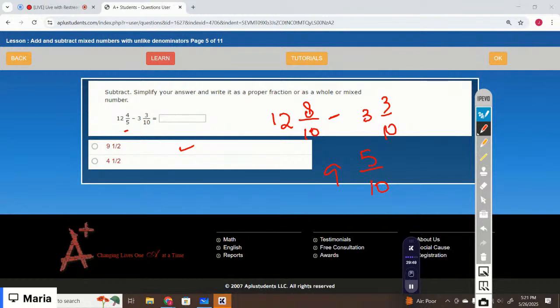That is 9 whole 1 over 2. Option number 1 is the correct option.